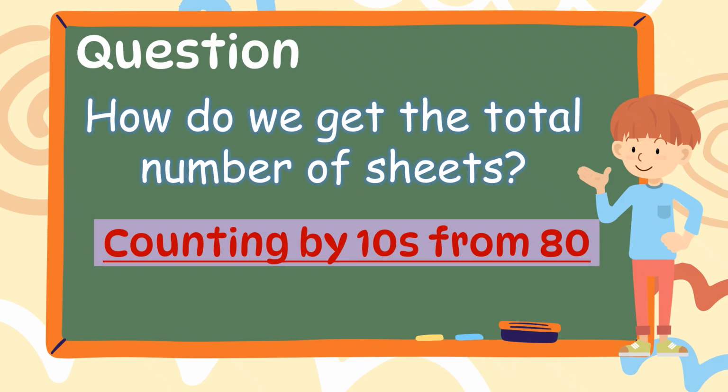Right, by counting by tens, and of course, we will start from 80, because the numbers given to us are 80 and another 80. So we don't go back to 10. We will start with 80. So let's begin.